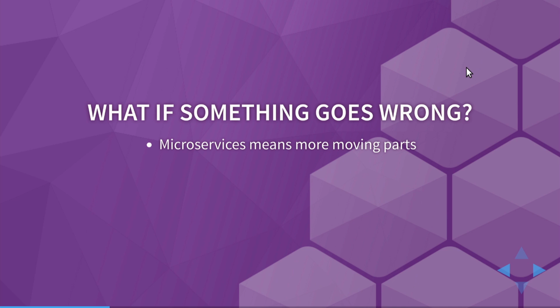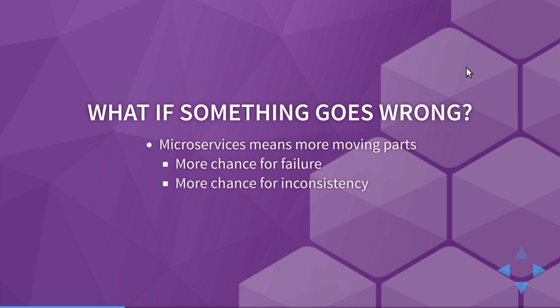What used to be one monolith might now be 3 or 10 or 100 different services. Because there are more moving parts, there's a higher chance for failure. The more services you have, the more likely that at some point something in the system isn't going to be working properly. There's also more chance for inconsistency. When it's just one service, you can exploit the fact that everything's running locally to synchronize state and to ensure things are synchronous.